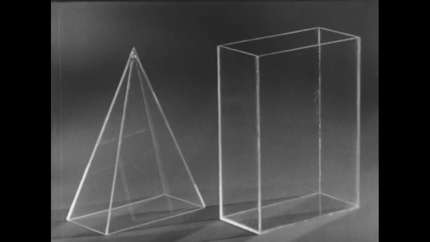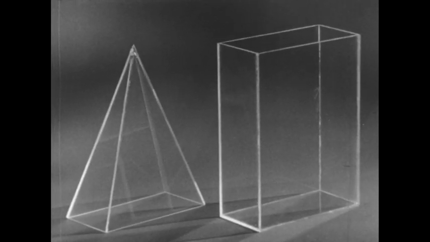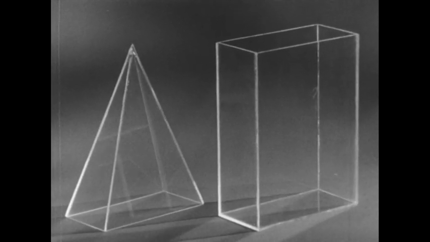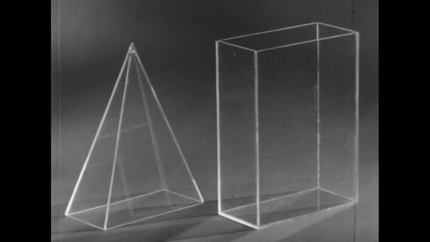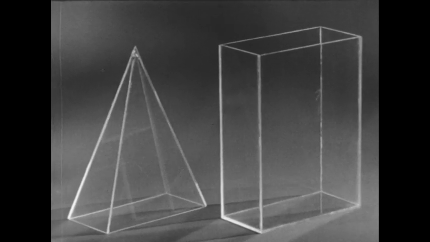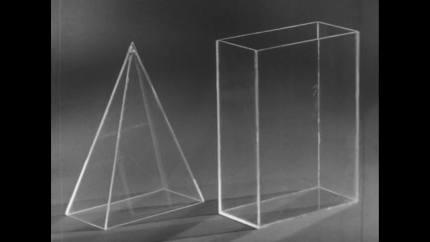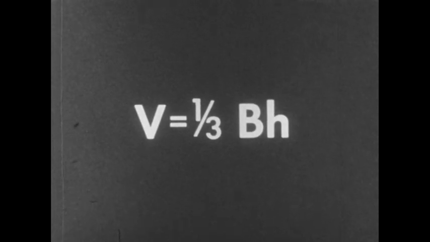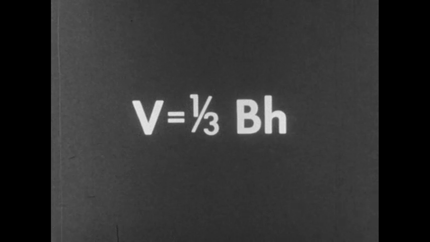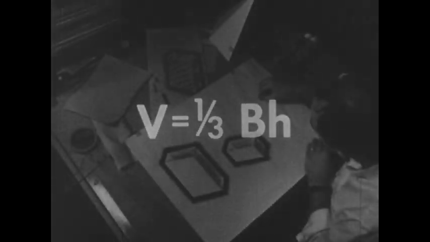We have now established a meaningful relationship between these two geometric solids. Because we know the formula for finding the volume of the prism, we can now determine a formula for finding the volume of a pyramid. V equals 1/3 the product of the base times the height.